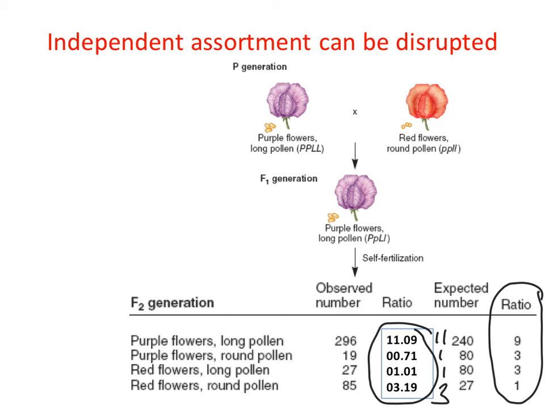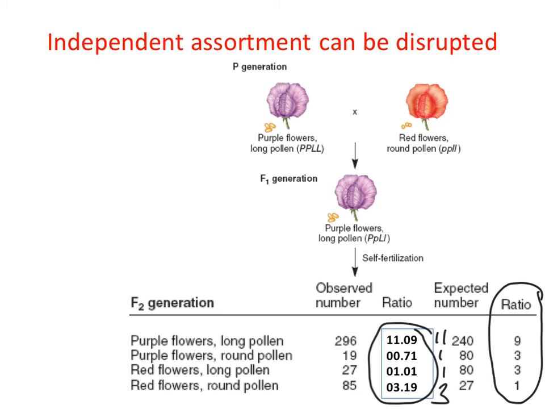Remember, the goal is to figure out, are these genes linked or not? Are they on the same chromosome or not? If they're on separate chromosomes, if they independently assort, we're going to see 9:3:3:1, those four different phenotypes in that ratio. When you see 11 to 1 to 1 to 3, how close is that to 9:3:3:1? Does that mean that those genes are linked or unlinked? Looking just at the observed numbers or the ratios here, how has this deviated from the expected ratio?